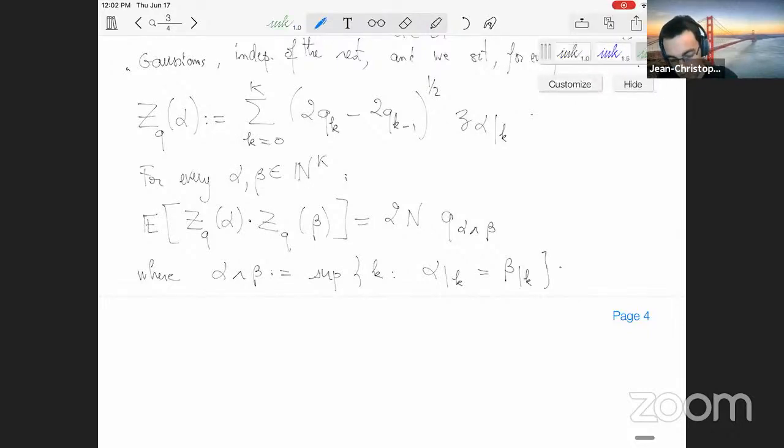Let me write this in the margin. So our naive guess, our initial attempt, the one we did 2 sessions ago, is when mu is delta h, the Dirac at h.